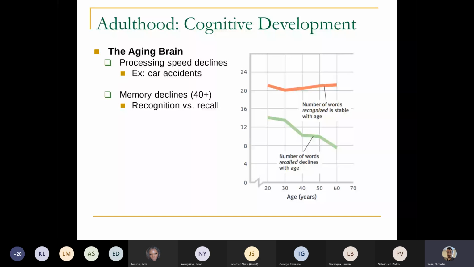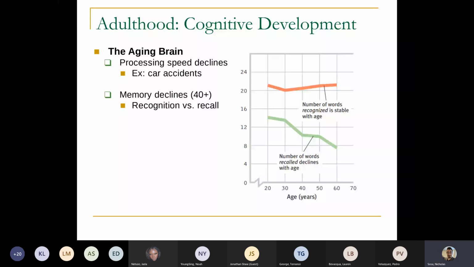We find that tests of recall are markedly harder than tests of recognition, and it shows as people get older. In fact, as you can see in this figure here, although recognition stays pretty stable across the lifespan, recall dips, especially as people start entering into their 40s and 50s and 60s. And it can kind of give older individuals those senior-like moments.